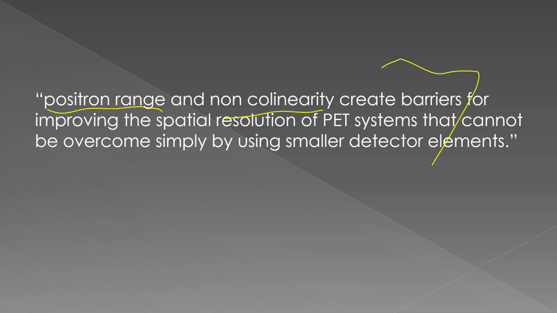And we have that with our regular gamma camera too, because our radionuclides will scatter within a patient, and that can make it difficult. We overcome that with collimators and things like that. But it's just something where you're going to end up losing some photons or losing some of your spatial resolution just because of physics.